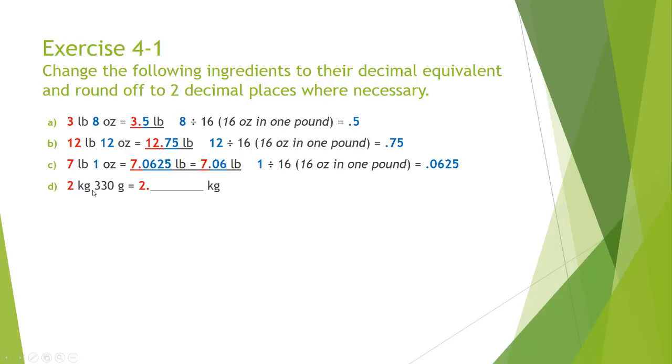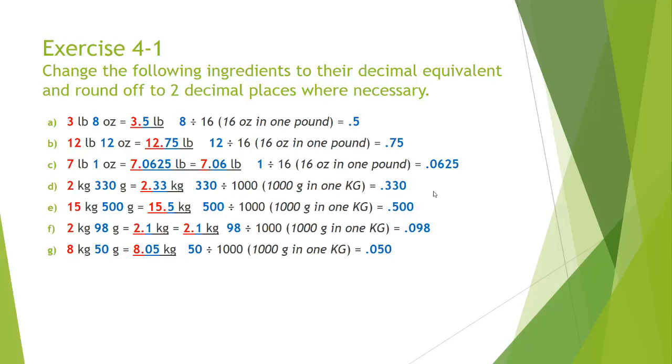Now we have to settle with the 330 grams, and we're going to divide this by 1,000 grams because that's how many there are in a kilogram. 1,000 grams equals 1 kilogram. 330 divided by 1,000 gives us decimal .330. So we drop the 0 because we need to round to 2 decimal places, although the 0 would not change the value of the number. Our final answer in this case is 2.33 kilograms.